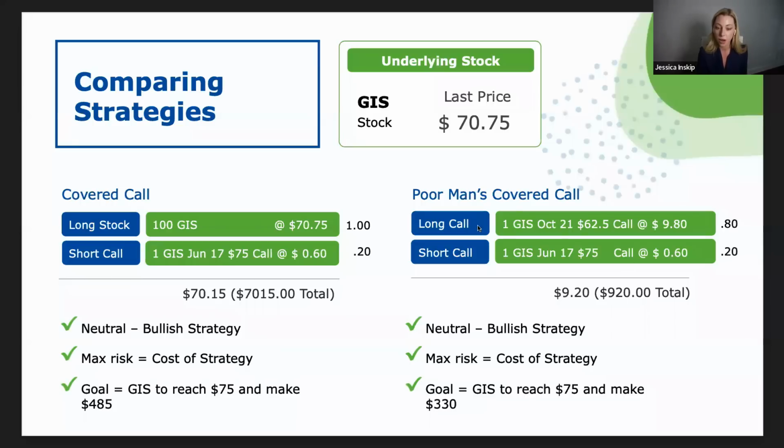Yes. So this is only assuming June 17th. Otherwise, that calculation changes. This is more of a dynamic calculation. So normally this one is done at expiration. This is done at expiration for June 17th. So it's the difference of the strikes, and this is the difference of 70, 75, and 75 less what you paid for the strategy.